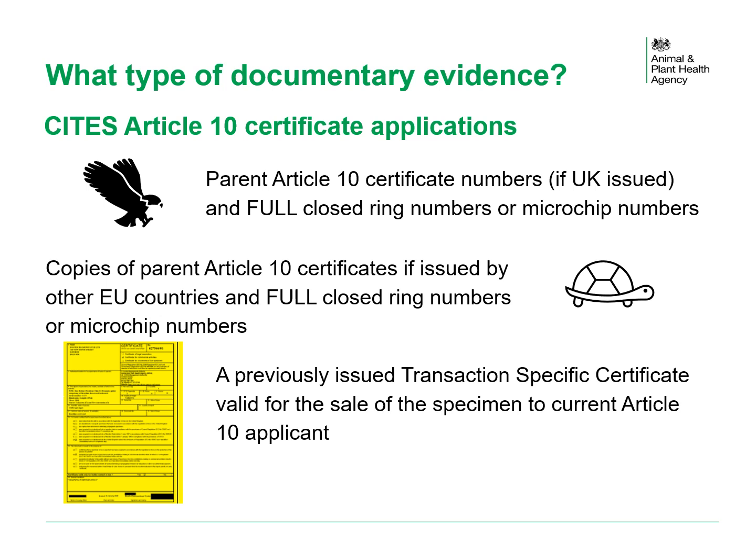You will need to provide copies of parent Article 10 certificates if they were issued by other EU countries, and the full closed ring numbers or the microchip numbers for the parents, or a previously issued transaction-specific certificate valid for the sale of the specimen to the current Article 10 applicant.